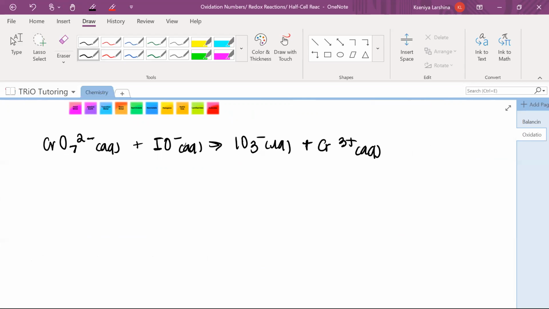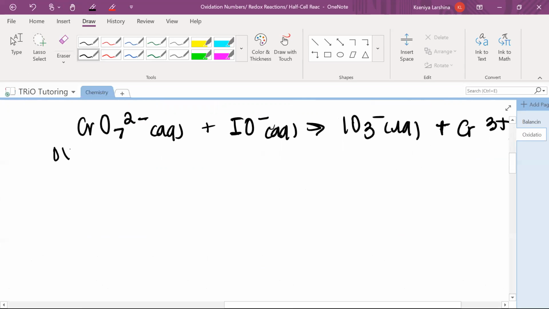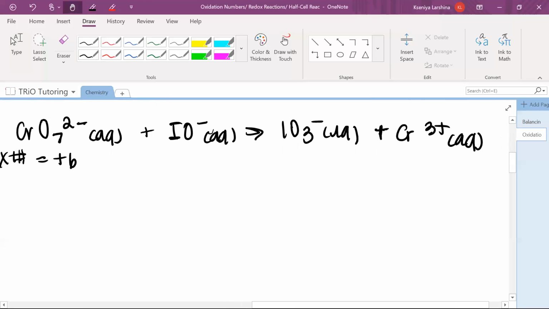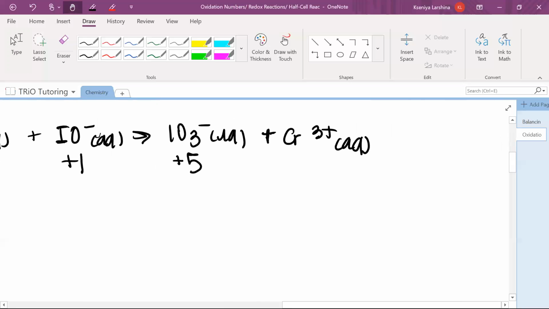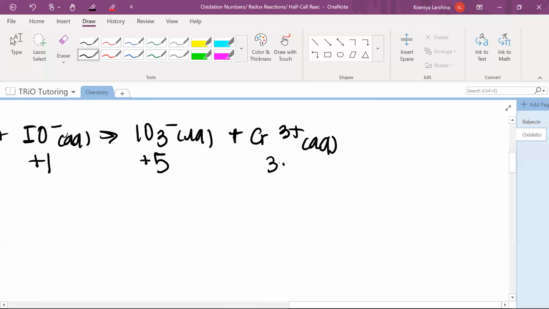So the oxidation numbers for these, you'd have to calculate, but this comes out to be the Cr equals +6. This becomes +1. The IO3 negative is +5. The Cr3 plus is 3 plus because that is its charge.